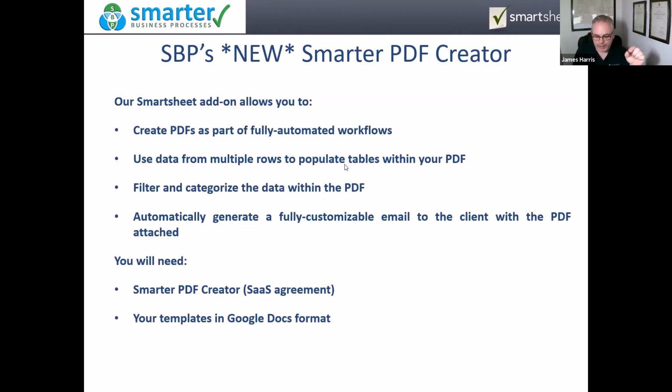Also, given that we can do tabulated data in our solution, we've also included the ability to categorize data, so you can put certain types of data into certain tables and other data in other tables. Perhaps you want everything with a certain status in one table and everything with a different status in another one. You can do that with our solution.